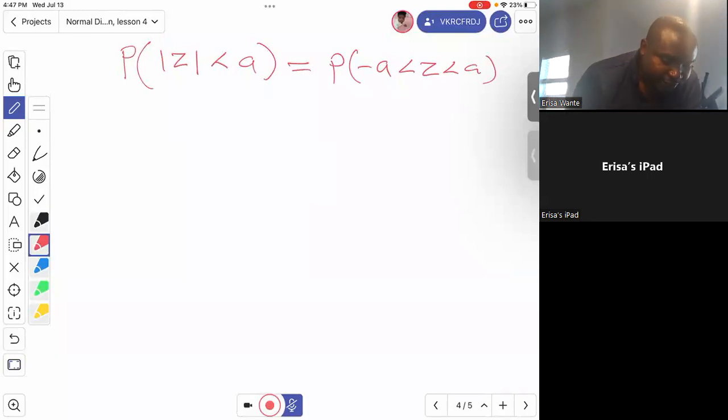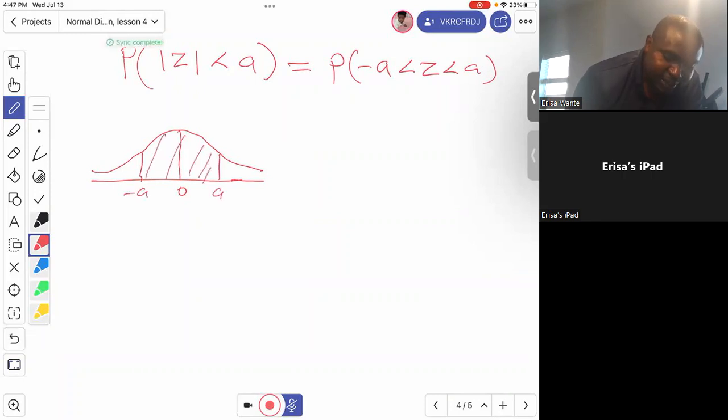And on the graph, what you're going to do is have something like this, and then this is 0, then this is a negative A, and this is a positive A, okay? So we want to find the area between negative A and a positive A. This is what we're talking about here.